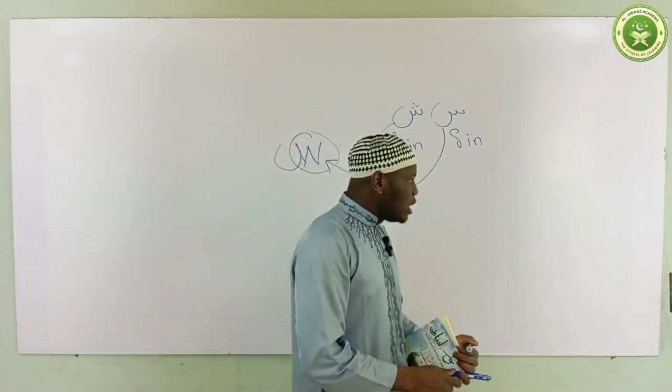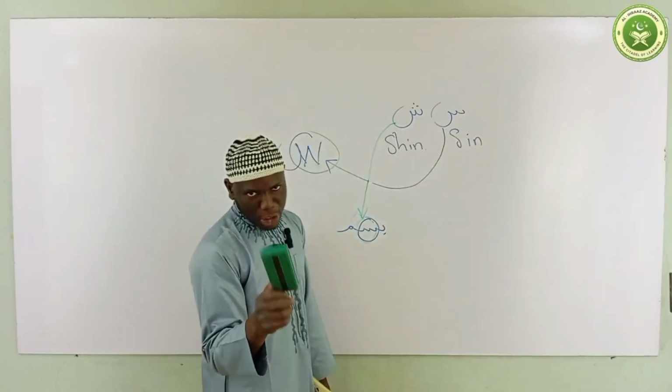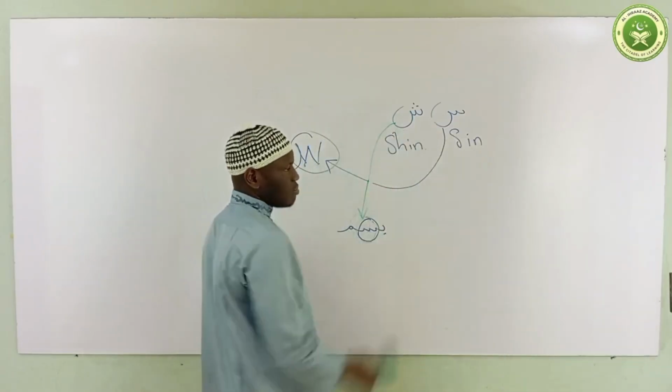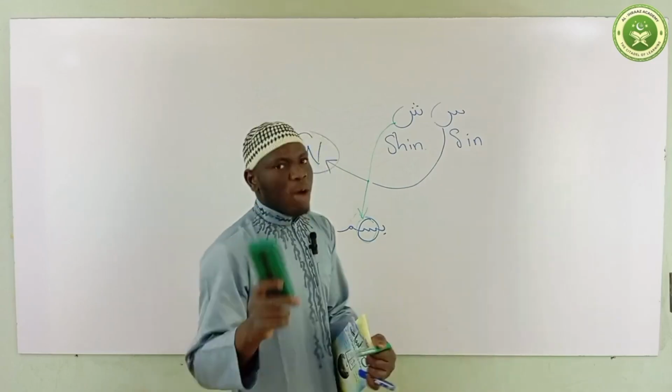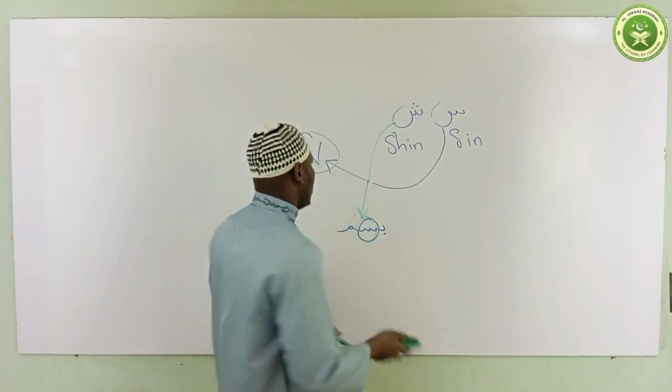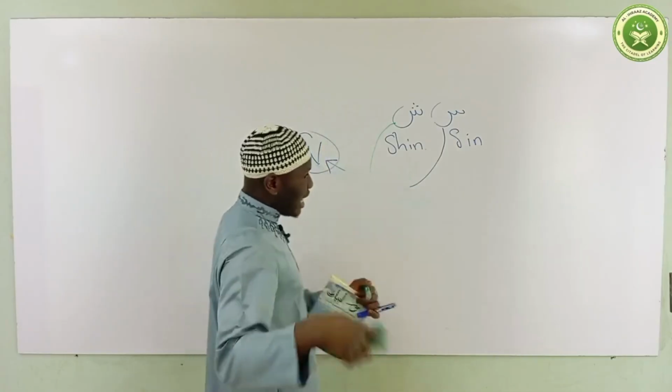And I want to quickly draw your attention to something. Most people used to make this mistake. Please, when you see fa and you see shin, those two are tricky in a way for some people. But I know that you're not part of them. They are not now, but I will just explain it, so that you will not go and later get confused.